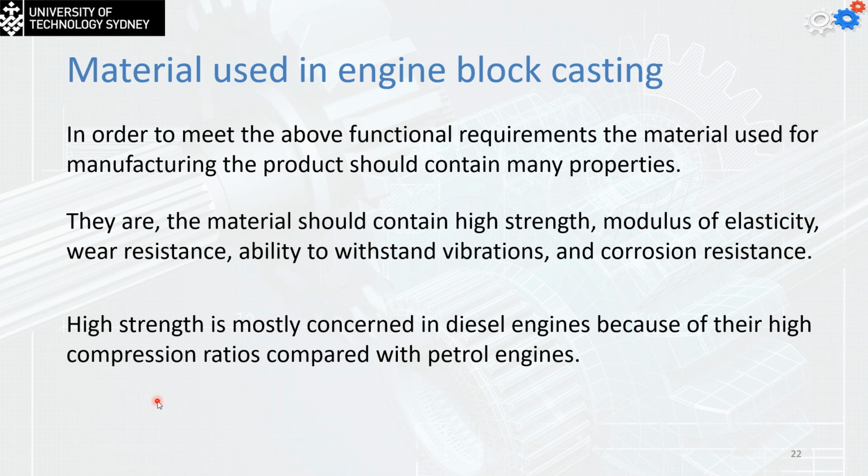The high strength is mostly a concern in the diesel engine because of their high compression ratio compared to the petrol engine. The diesel engine doesn't have a spark plug, so it counts on the high compression pressure inside the cylinder. The higher pressure will increase the temperature and make the fuel ignite and explode.